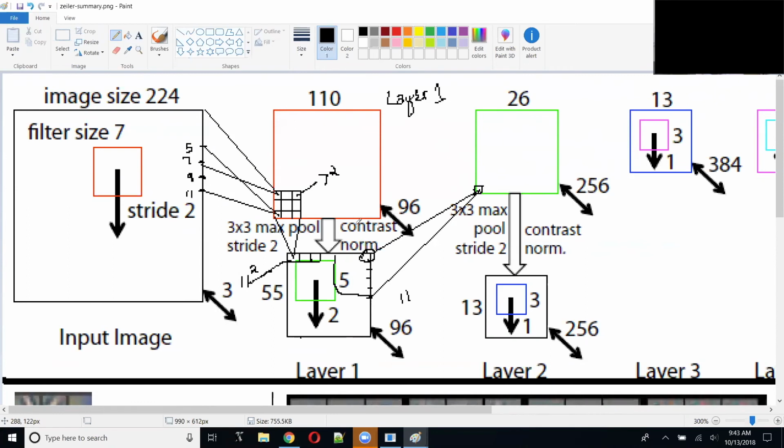Each one of those is what? I guess you can say that each one of those is getting information originally from 11 pixels of the original image. Well, actually, if you go through it, it's getting a 27 pixel patch, so it's 27 wide.